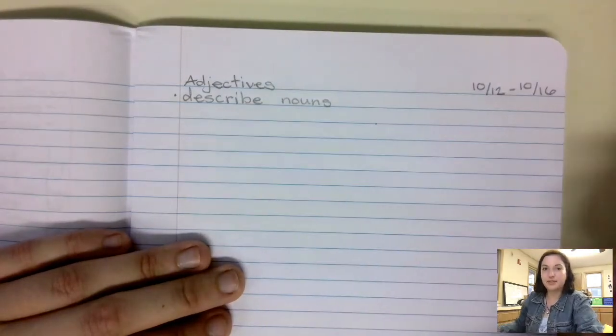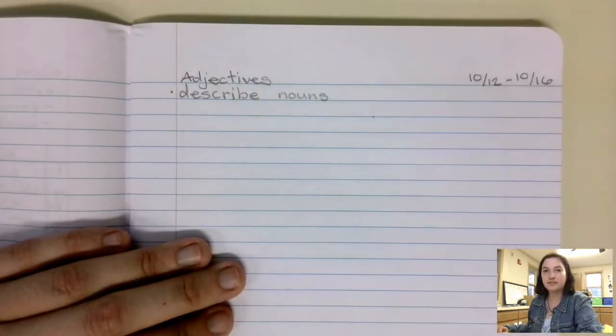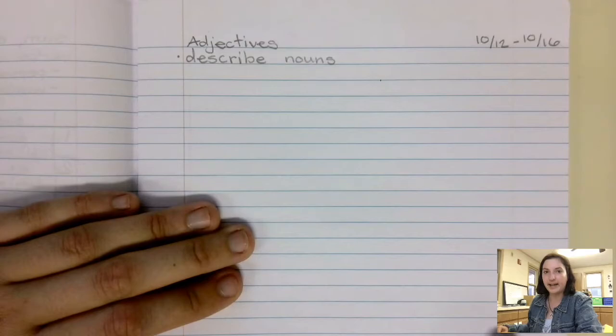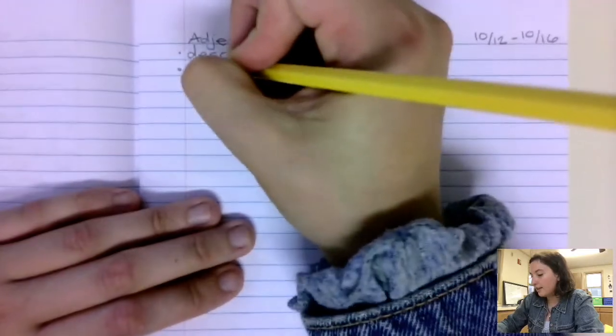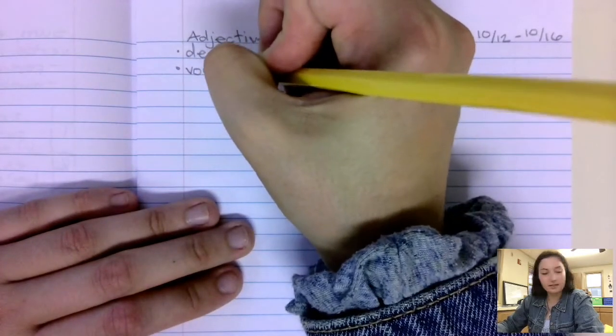So to get us kind of kicked off with our adjectives, I want to write down a little bit more vocab. Just a short list of sola, solum means alone.